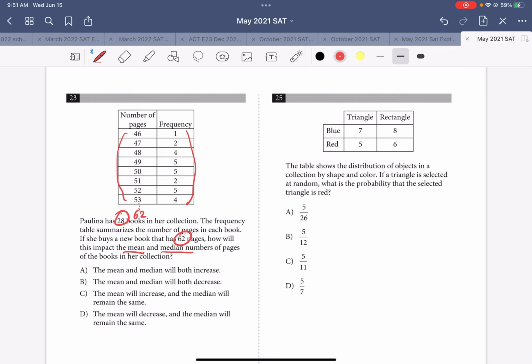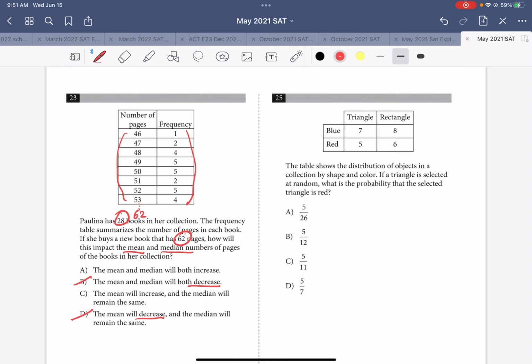So if you add 62 to this data, then the mean should increase, right? Does it decrease? No. So the mean should increase. Then what about the median? Median is the number in the middle.